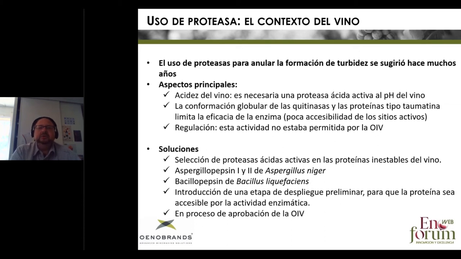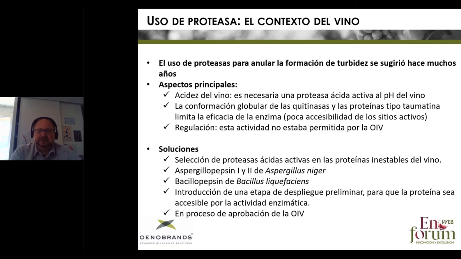And the third issue was and is still a regulation issue, because this protease activity is not yet allowed by OIV regulation.